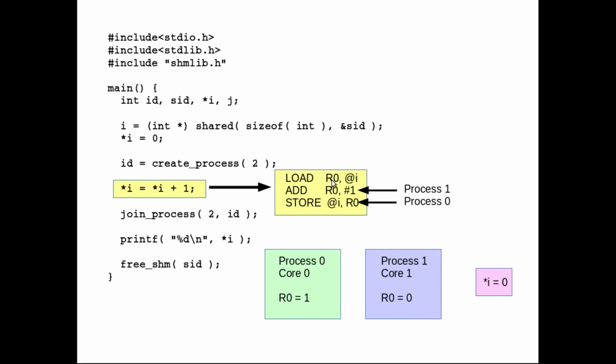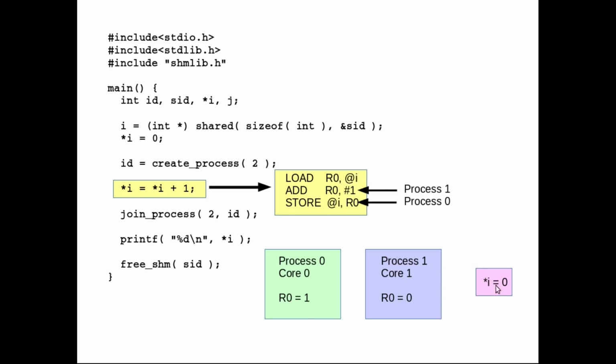Now process 0 and process 1 will proceed. Process 0 will now execute the store instruction, whereas process 1 will execute the add instruction. Because of the store instruction, the value from R0 will be stored into the shared variable, and since this instruction is being executed by process 0, the register R0 of core 0 will be stored into the shared variable.